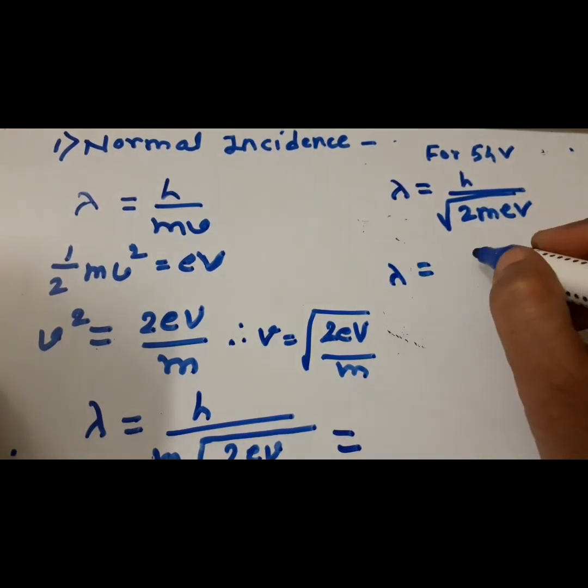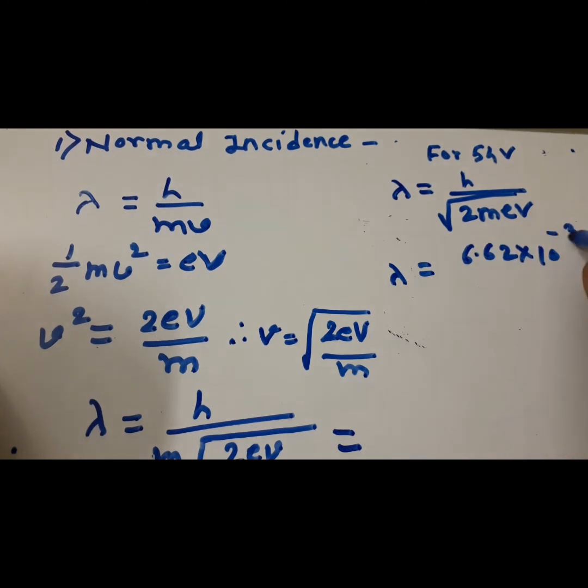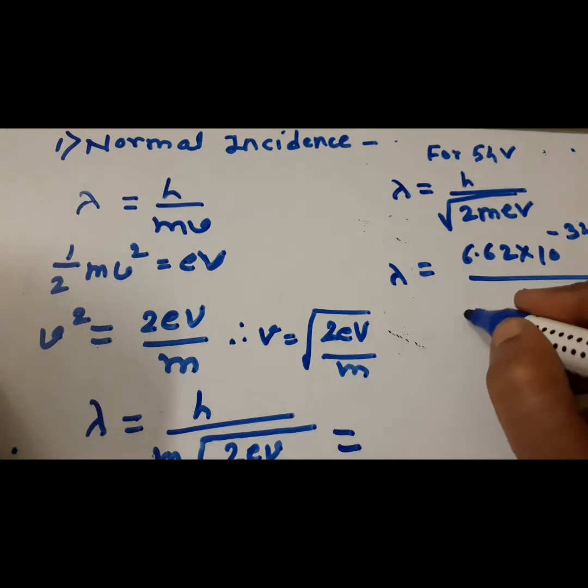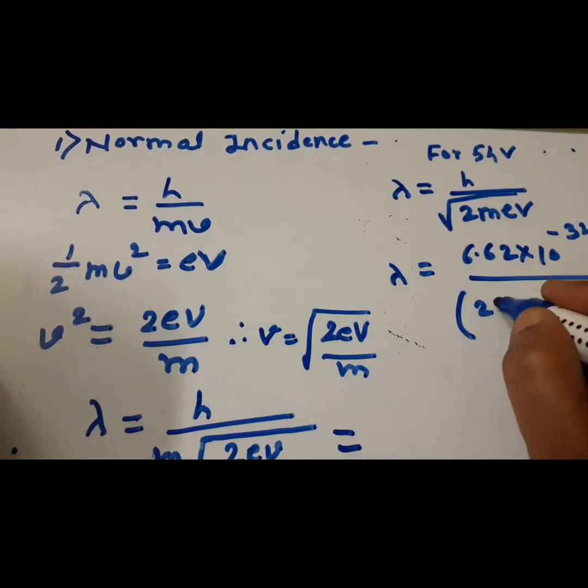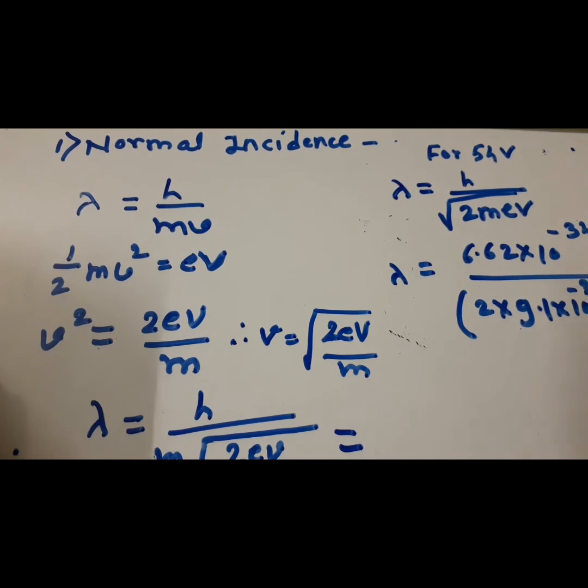What is the value of h? h is Planck's constant, 6.62 into 10 to the power minus 34, divided by 2 into m, the mass of the electron, 9.1 into 10 to the power minus 31, into 1.6 into 10 to the power minus 19, into V, all under root, okay?